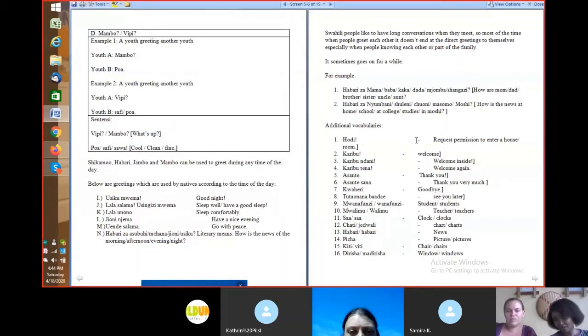Of course, we have saa, which means clock, but it can also mean time, which is the same in plural. And then we have chati, the chart, or jedwali. This one could also mean a table. For example, we have been drawing or inserting a few tables with different examples.